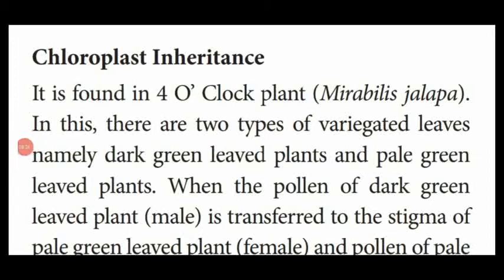First we are going to see chloroplast inheritance. This was found in the four o'clock plant, Mirabilis jalapa. This four o'clock plant has variegated leaves. That means it contains two types of leaves based on color.